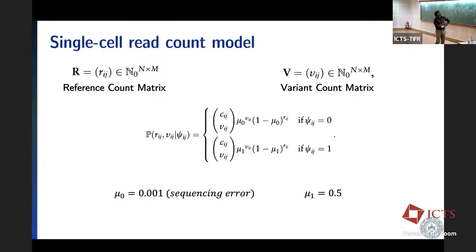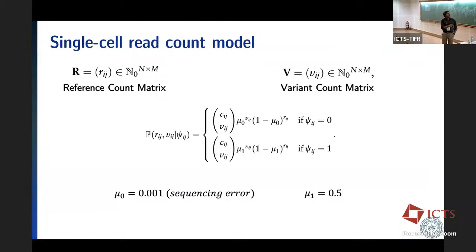Essentially, the reference count matrix consists of entries Rij, which are count values corresponding to positions in different cells, okay? This is saying the number of reads containing the reference allele in that particular position in that particular cell. So that is the reference count matrix.